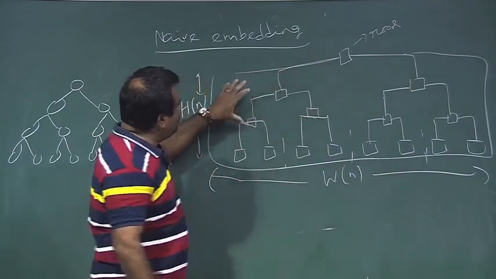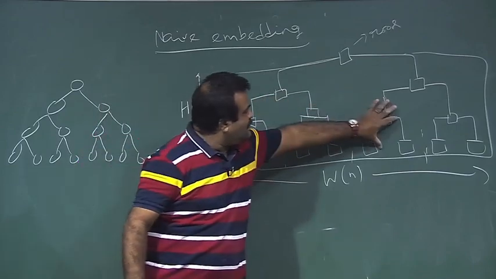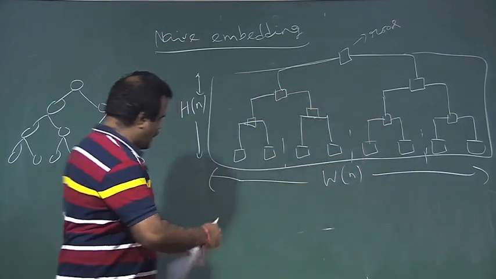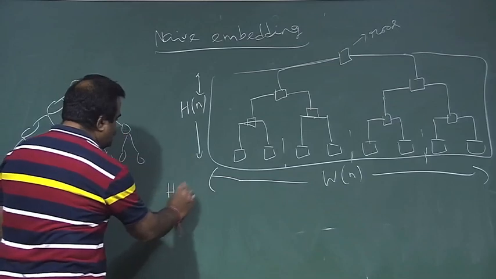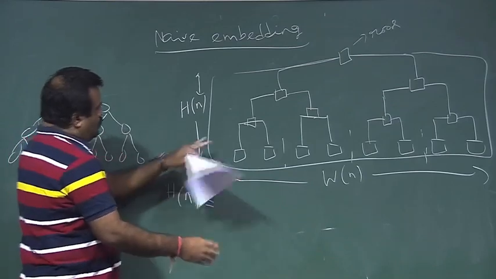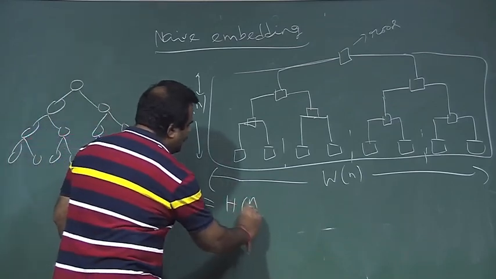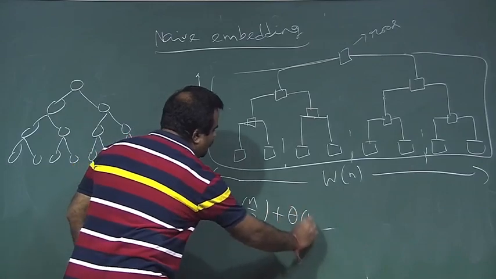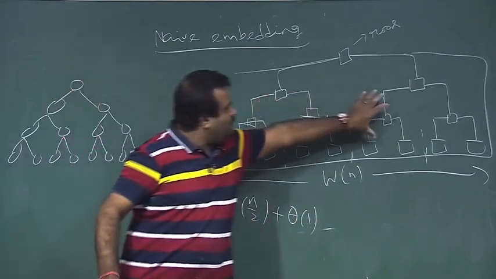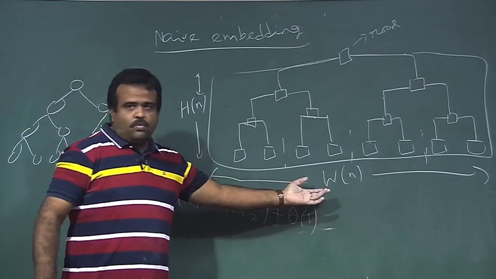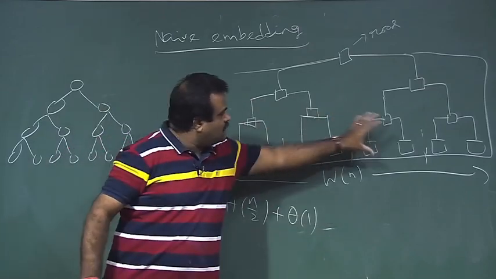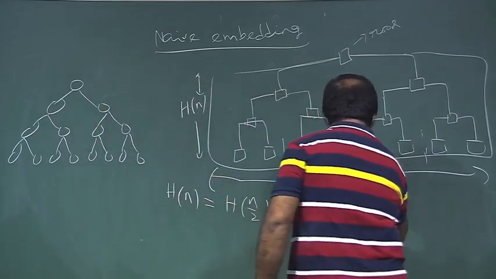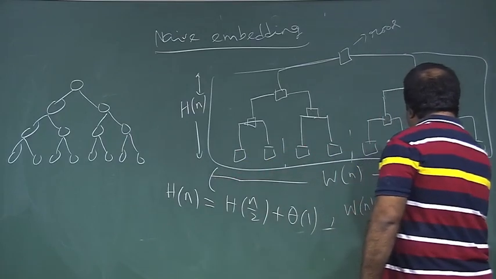To embed n nodes, these are running in parallel. So, the recurrence for height is h n equal to h n by 2 plus theta 1, because these two are in parallel, but for width it is not parallel. So, this will count.